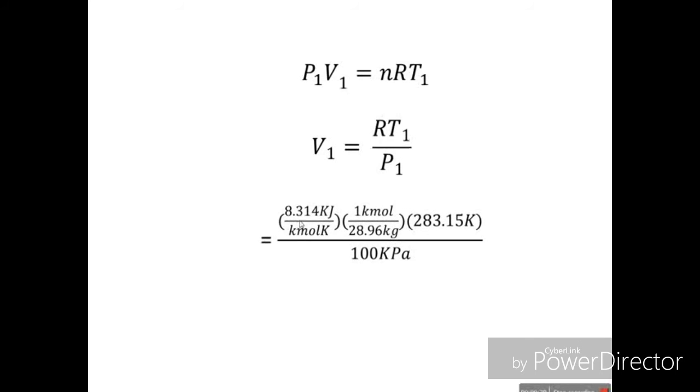Substituting the values, 8.314 kilojoule per kilomole Kelvin times 1 kmol per 28.96 kilogram times 283.15 Kelvin all over 100 kilopascal. Upon solving, the value of V1 is equal to 0.8129 cubic meter per kilogram.